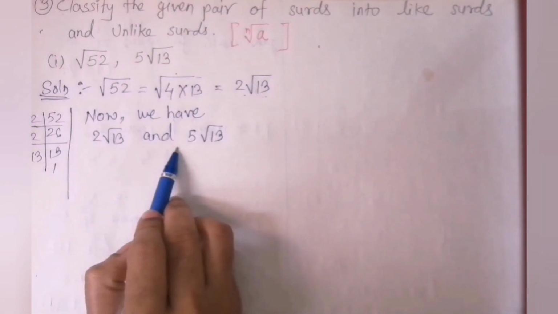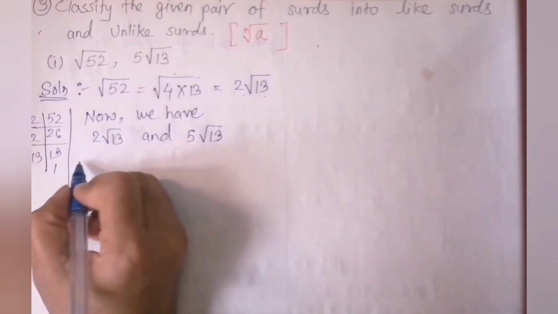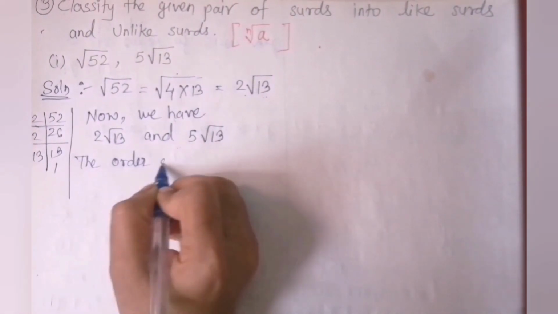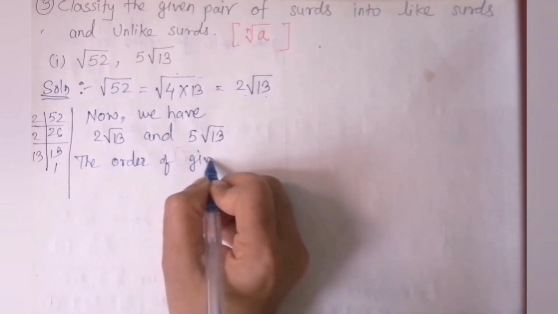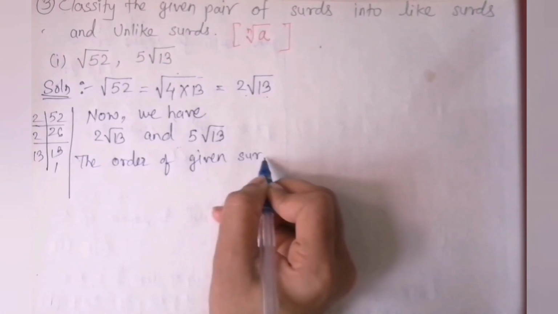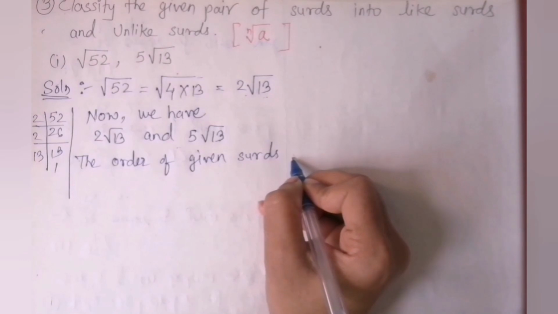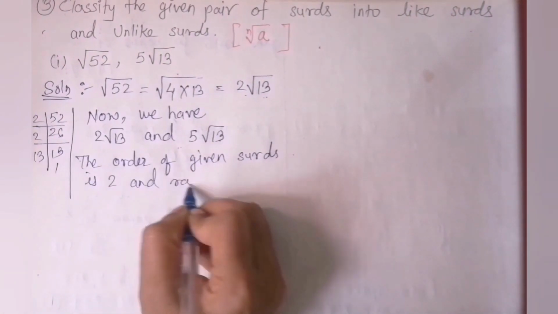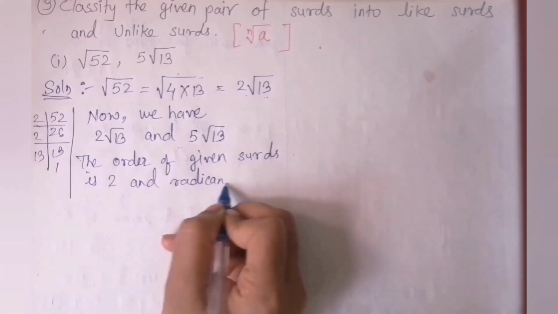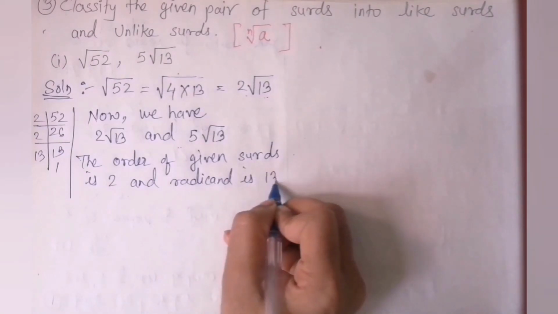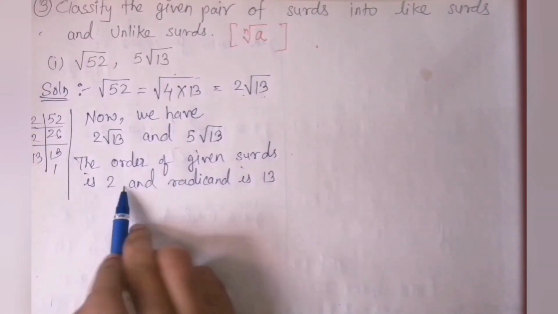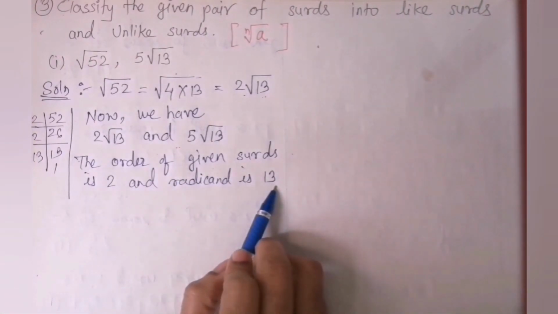So students, you have to write the reason also. The order of the given surds is 2 and the radicand is 13.